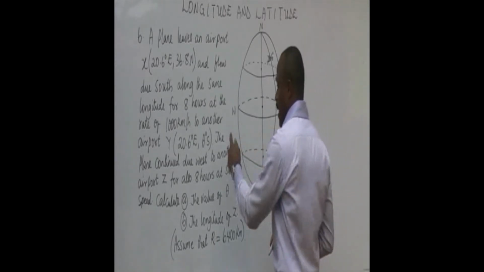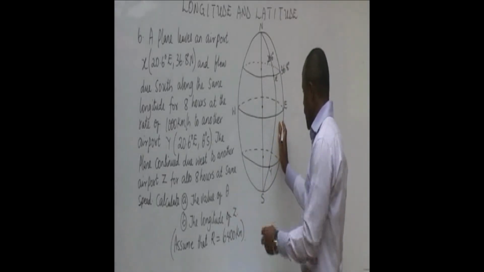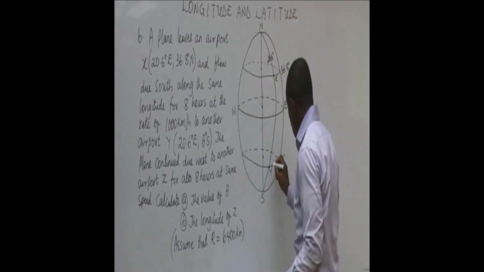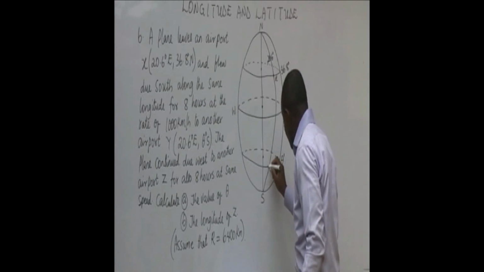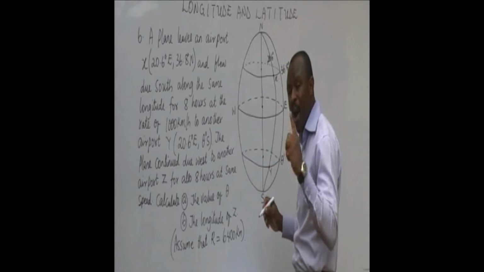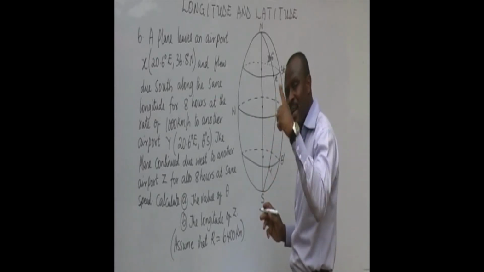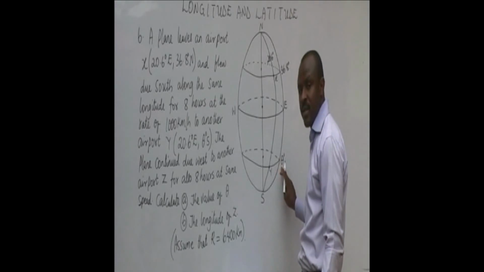The plane continued due west. You know it's in the east now. It went to the west. Due west, it must be on this line of latitude. If it moved due west from east, it must be on a particular line of latitude, which is theta degrees.